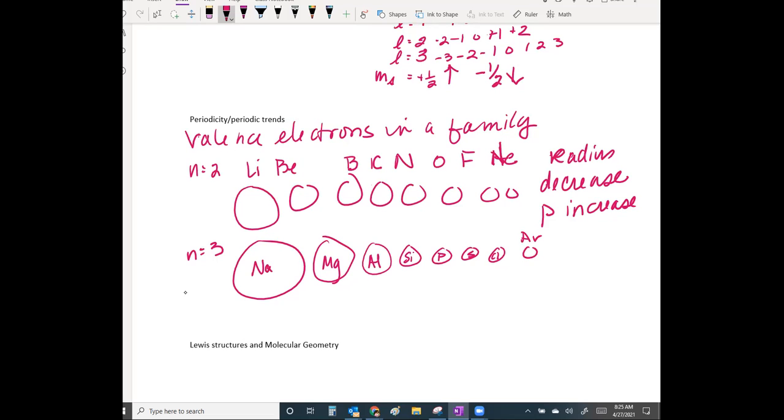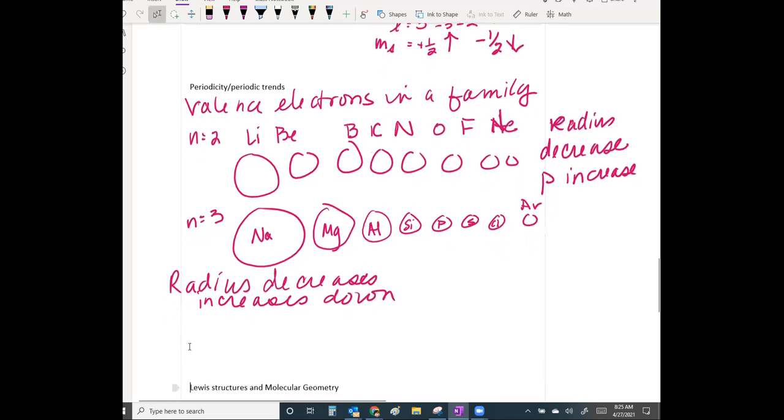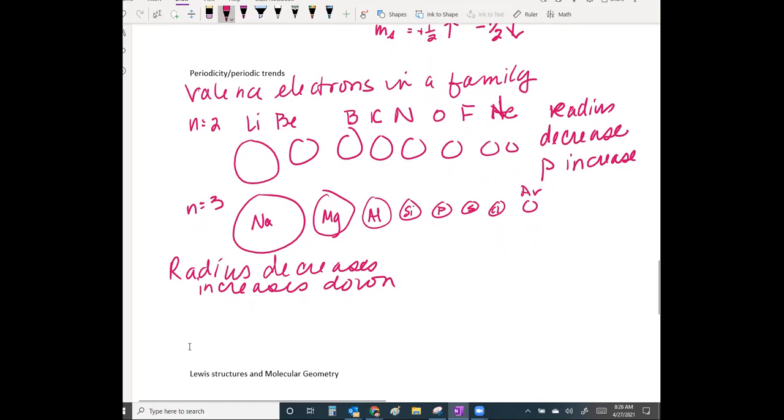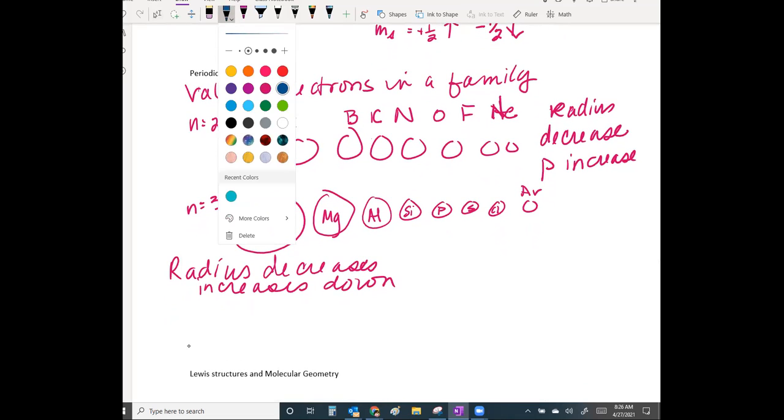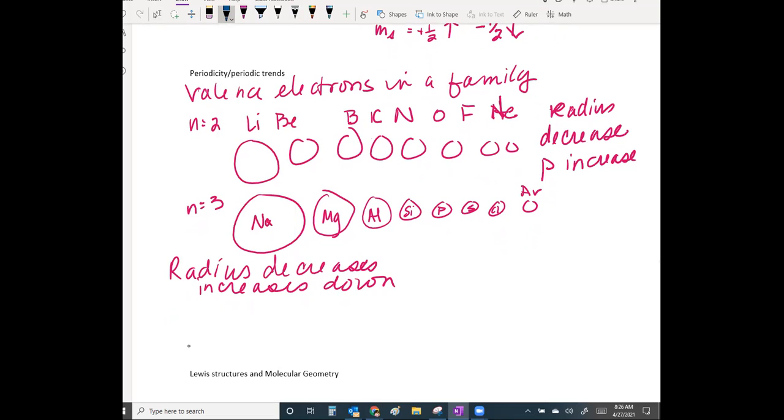Okay, so what causes that? What are the trends we see here? Well, for atomic radius, the radius decreases across and increases going down. So this is the radius trend.